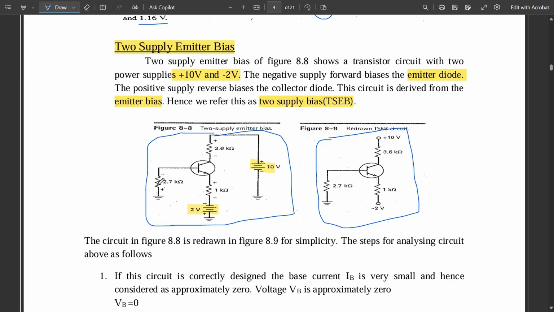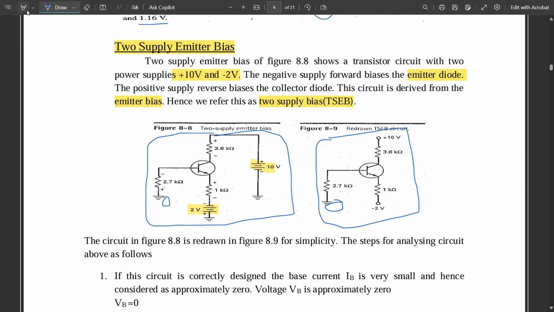In this case we should strictly give the two supplies, one to the collector and one to the emitter, not to the base, because the base would be directly connected to ground, so its value would always be zero. Keep that in mind whenever you have two supplies. Why is it called emitter bias?